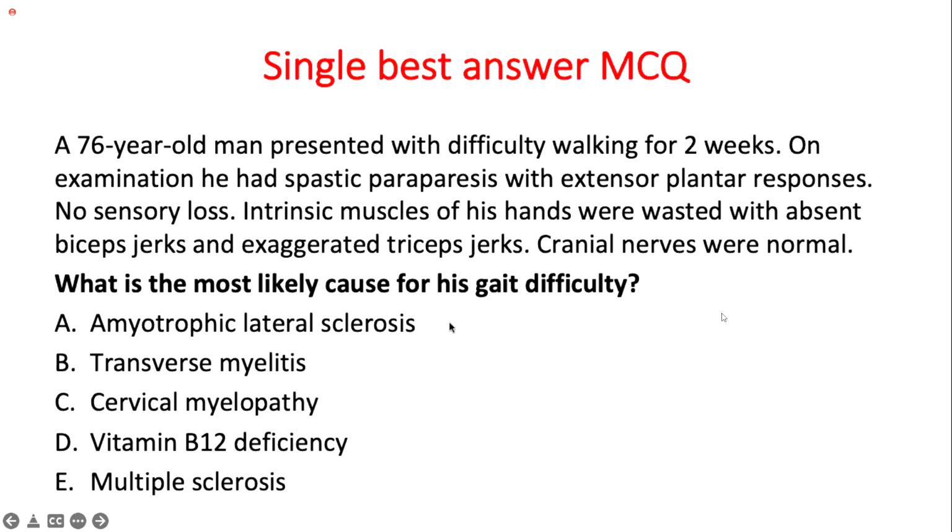There is only one correct answer. Read carefully and answer. It tests your knowledge on anatomy, on the etiology, and whether you have been paying attention in this lecture.